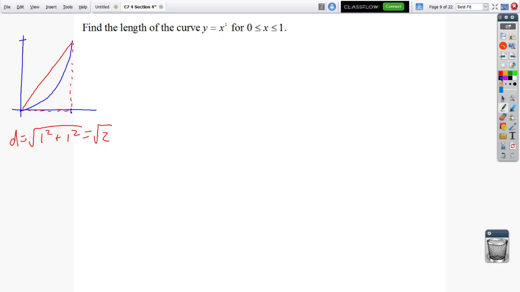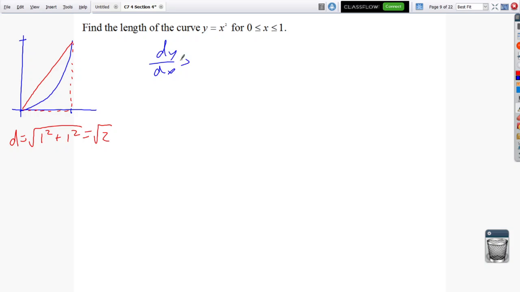Now to find the length, part of the formula is dy/dx. So I would insist that you write out what the derivative is. Don't try to just jam it into the formula. Here we have dy/dx is equal to, oops, almost forgot what the derivative of x squared was. It's 2x. So now we know that the length of the curve is equal to the integral, and since we're doing everything in terms of x here, we're going to use the x coordinates.